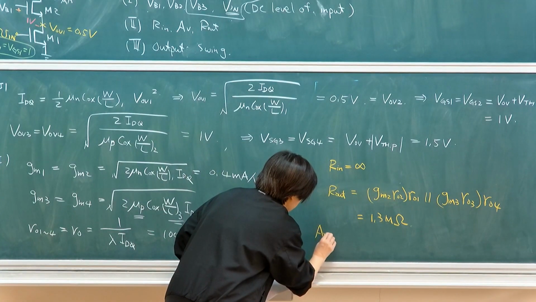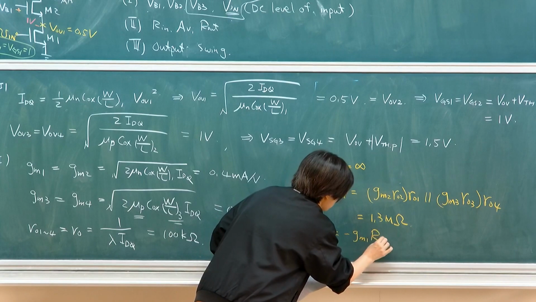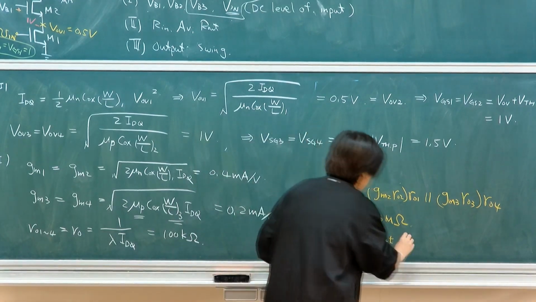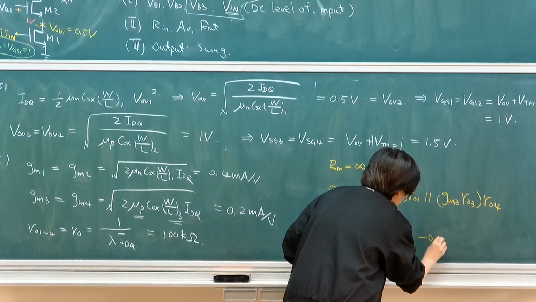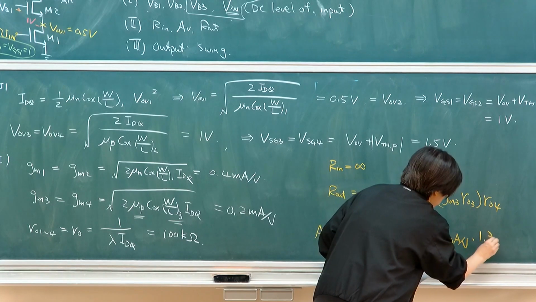And my voltage gain is minus GM1 times R out. So that will be minus 0.4 milliamp per volt times 1.3 mega ohms.